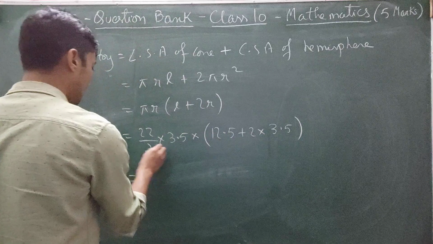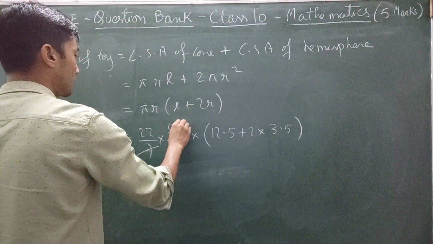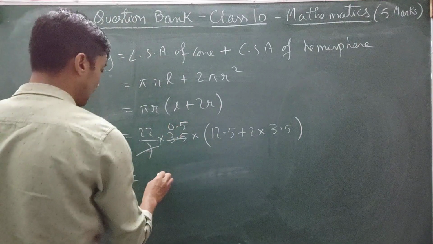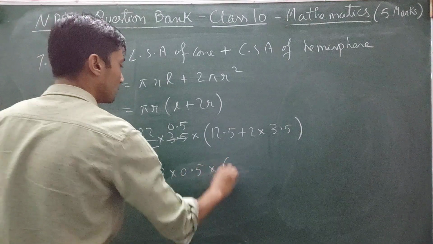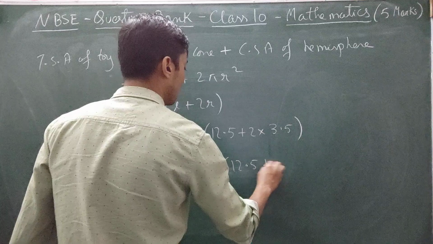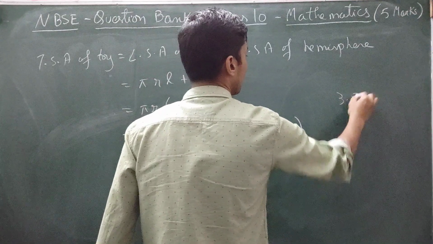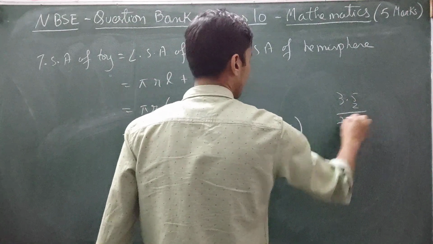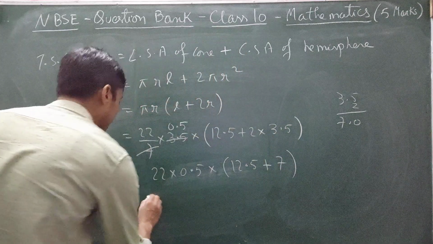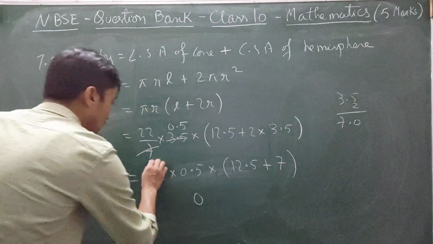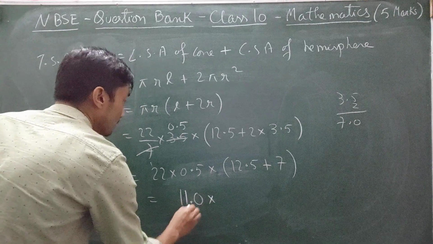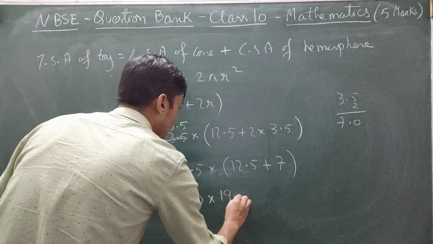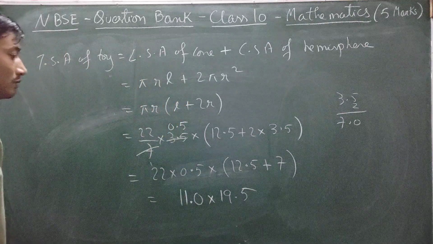So let's calculate this. 7 5s are 35, but it's 3.5, so it's 0.5. So it's 22 into 0.5 into 12.5 plus 3.5 into 2. 3.5 into 2 is 7.0, so I'll just write 7. So 5 2s are 10, 1 left, 11. 11 into 12.5 plus 7, 19.5.